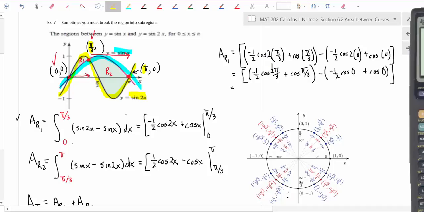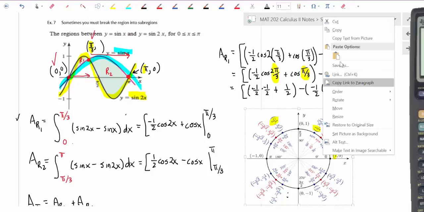The cosine of 2 pi over 3 is negative 1/2, so I'm going to write this as negative 1/2 times negative 1/2, plus the cosine of pi over 3, which is 1/2. Then we have negative 1/2 cosine of 0. Cosine of 0 is 1, and then cosine of 0 again is 1. So that will be the arithmetic that we do.